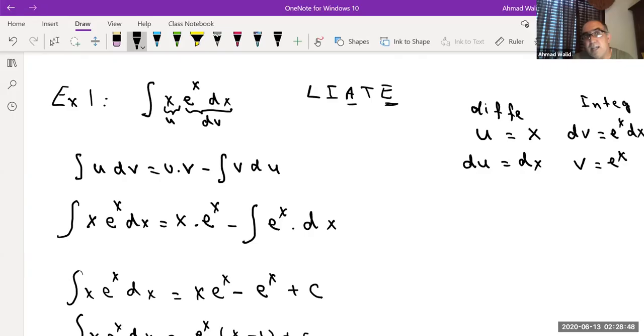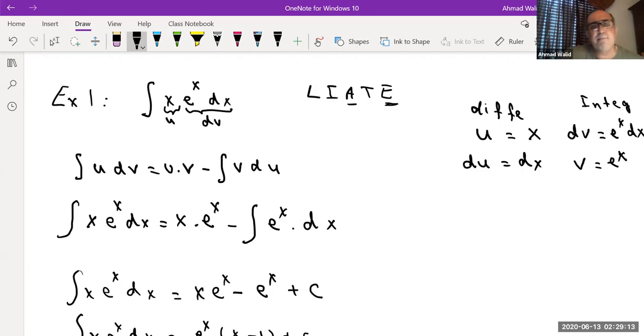No. If it was x squared e to the x squared, yes. The derivative of x squared is x and it's outside. Then you don't need to go by parts. You can do substitution, but it's x here. This is how you know where to use integration by parts, correct?